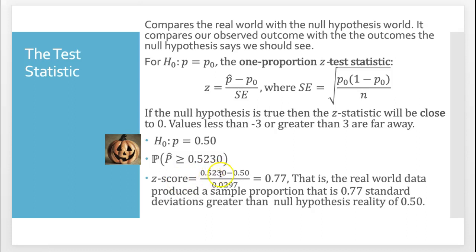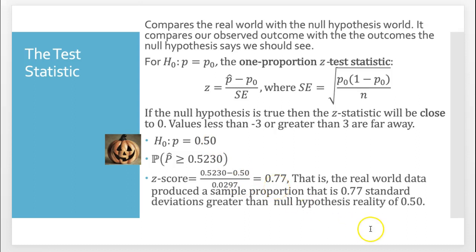I compare my real world to the null hypothesis world, and there's a difference of 0.023, a 2.3% difference. What we want to know is whether this difference is significant or not. So we compare this difference to the standard difference we should see between any sample proportion and the null hypothesis proportion, and we roughly get 0.77.